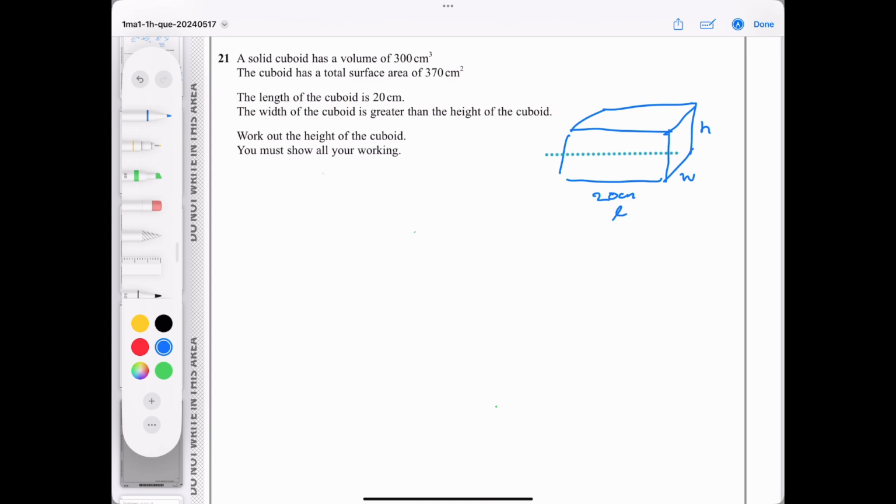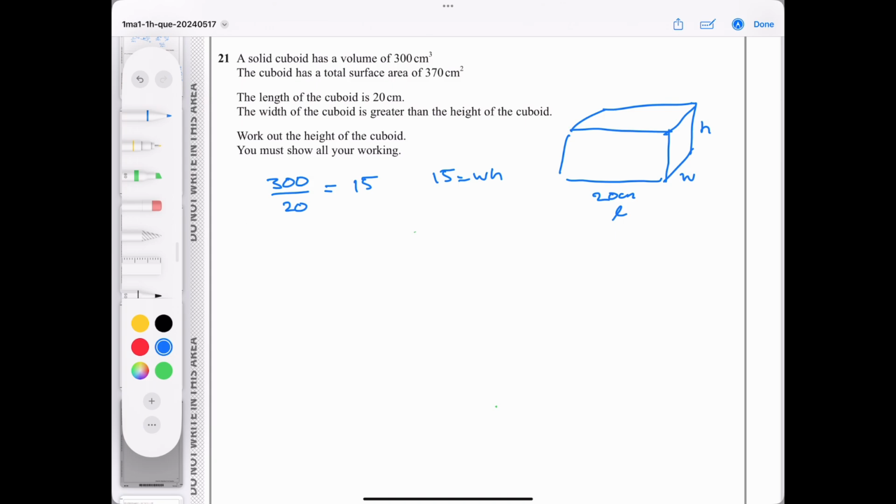So, this is fun. What we know is 300 divided by 20 equals WH, so 15 equals WH. I can't do much else with that.